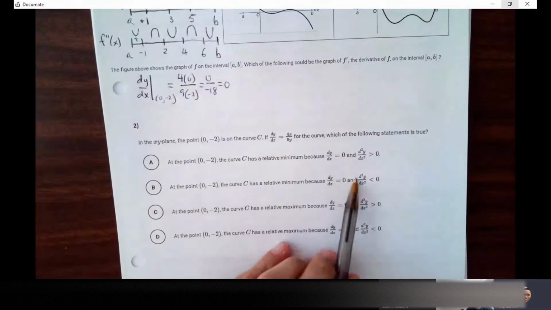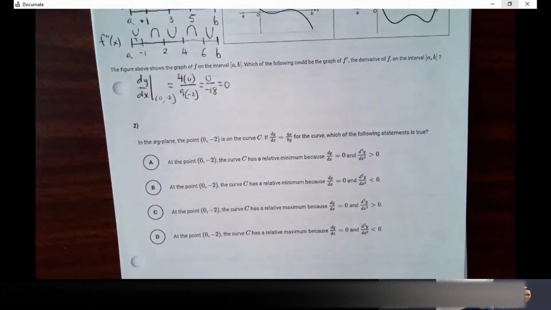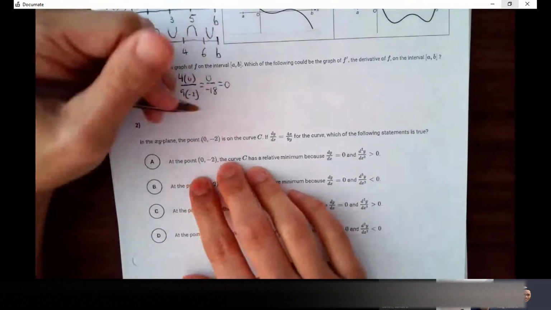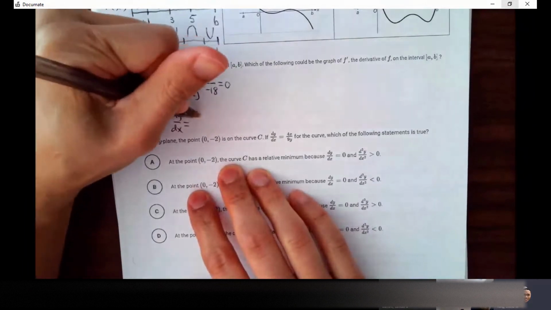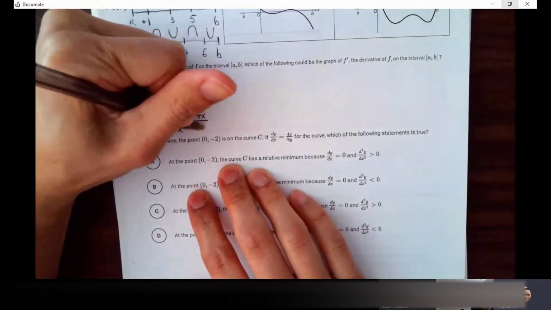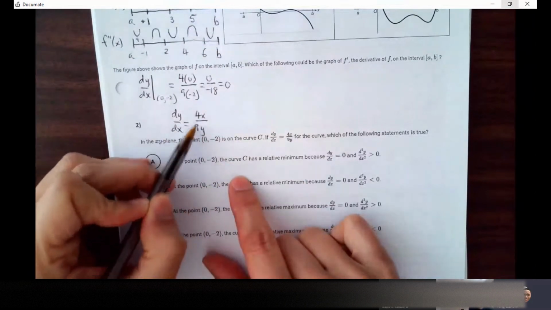Second step, though, let's go ahead and find the second derivative so that we can evaluate it and have a way of determining which option to choose. So if I want to find the second derivative, dy/dx is 4x over 9y. To find the derivative from this point, I have to go through quotient rule.